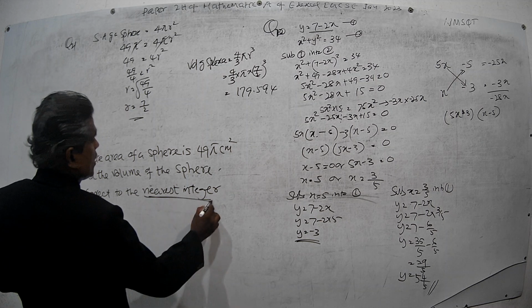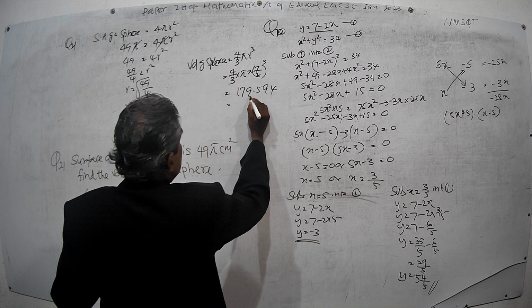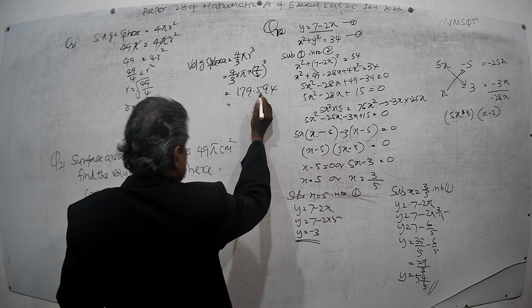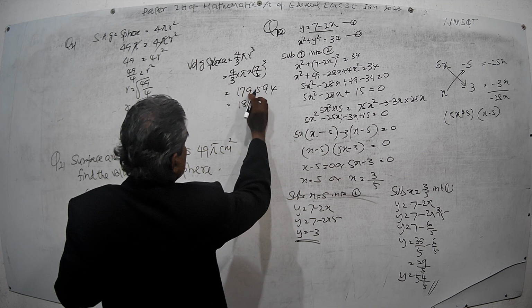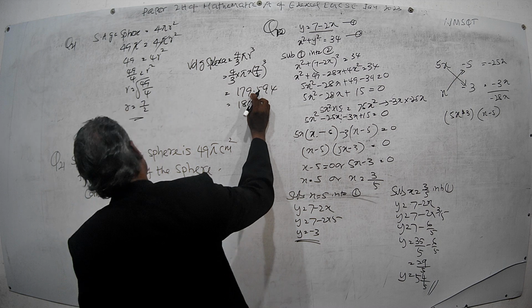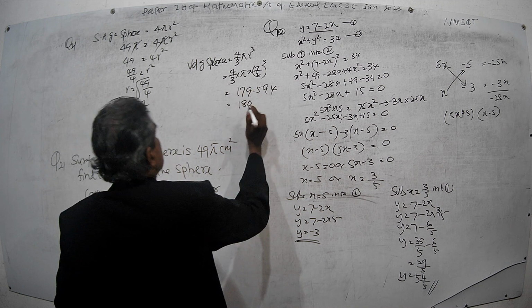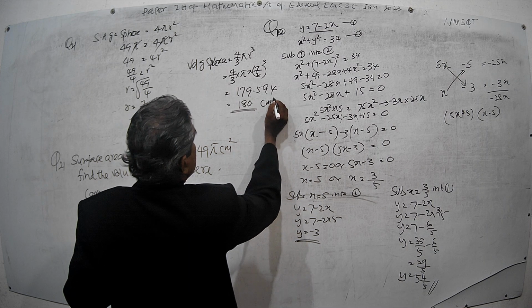Nearest integer means the nearest whole number, that is the nearest unit. Look at the digit after the decimal point: it is greater than 5. Therefore, add 1 to this one, giving 180. You add 1 to this 9, that is 10. 0 is put here and 1 is carried to the next digit. That is how you get 180 cubic centimeters.